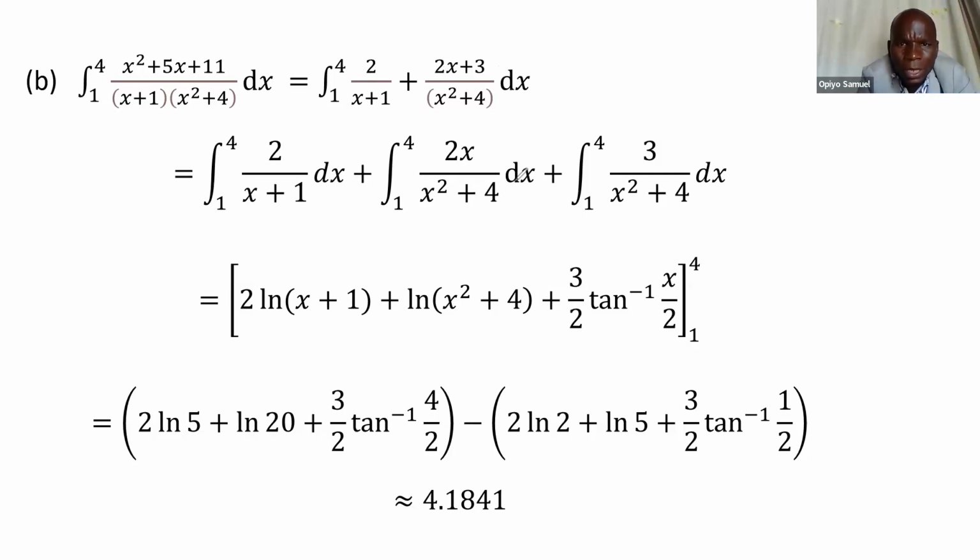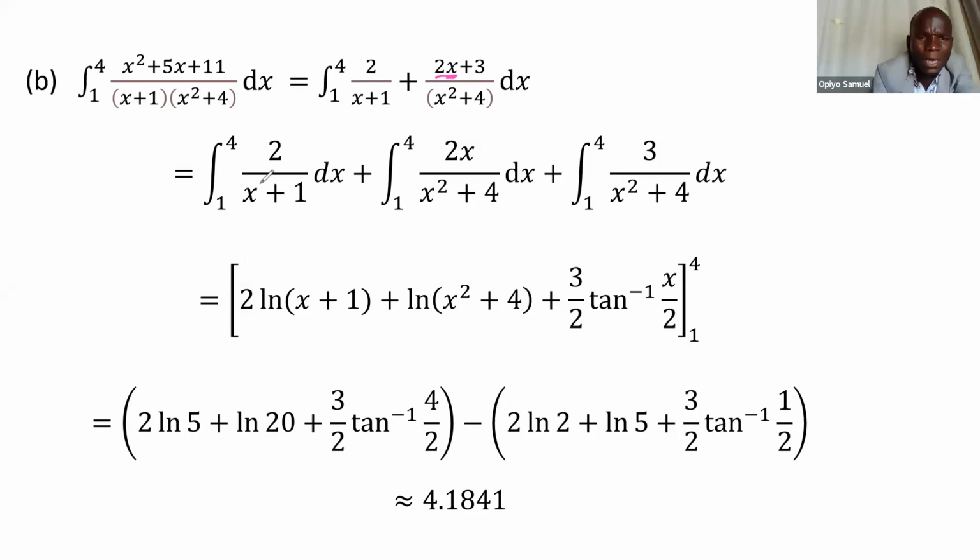We also need to split where we have the quadratic here. So we have this 2x out of the denominator plus 3 out of the denominator.